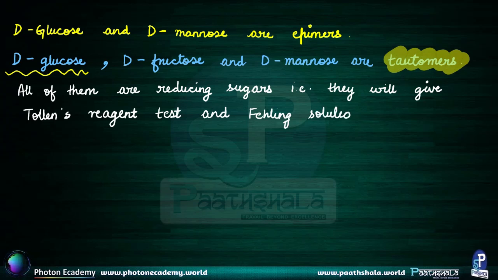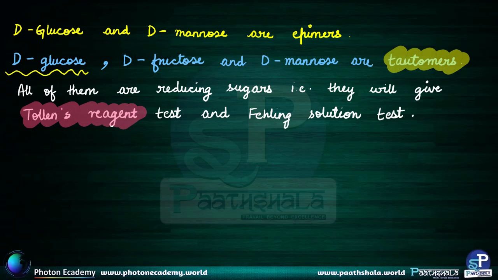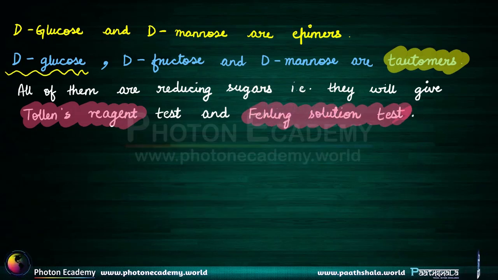Okay, so they are all reducing and they give Tollens reagent as well as the Fehling solution test. Now, please keep in mind that although these two tests are given only by the aldehyde group, our D-fructose over here, which actually has a ketone group present, will also show this particular test.